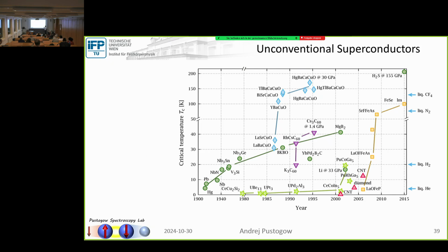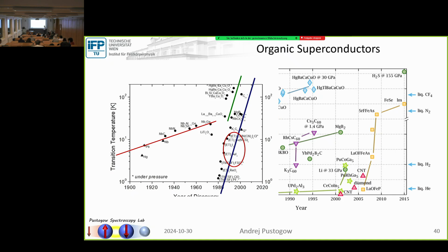Here we see in general how the materials of superconductivity evolved over the years. Here we see a few organic materials like these fullerenes, fullerides. And if we focus in more detail on the organic materials, from the 1980s on, a lot of these organic systems were discovered.